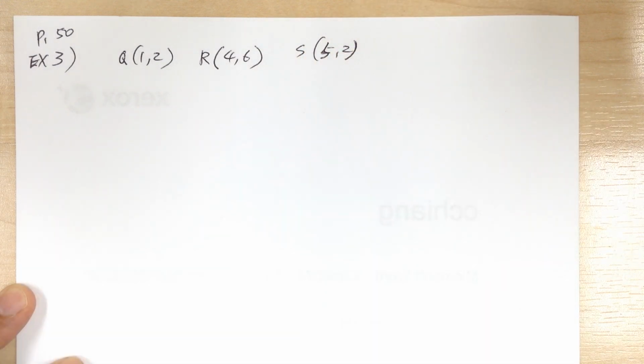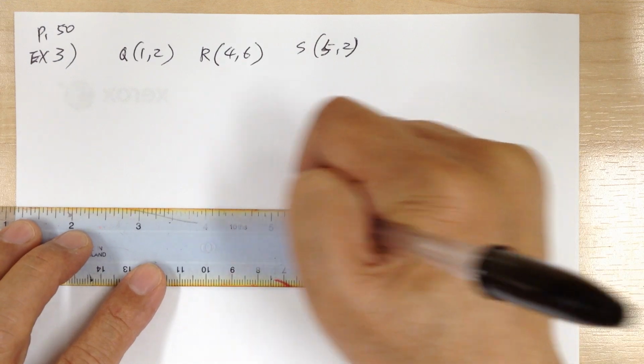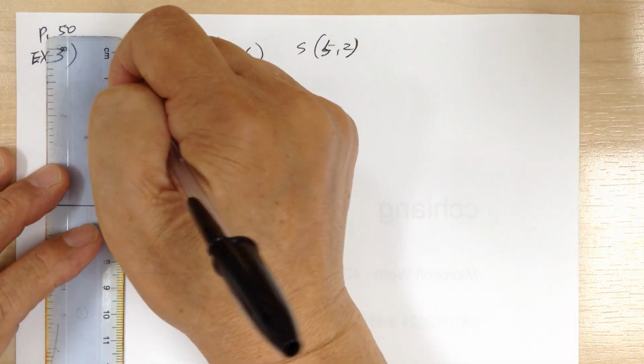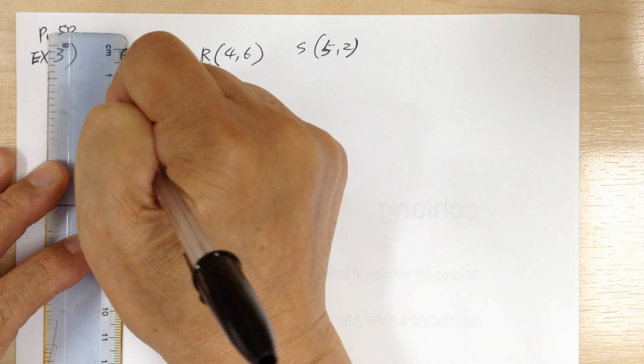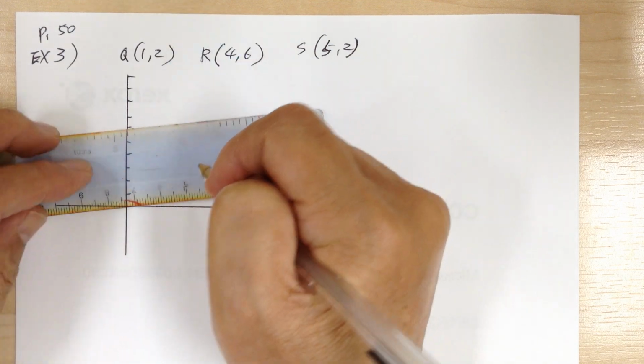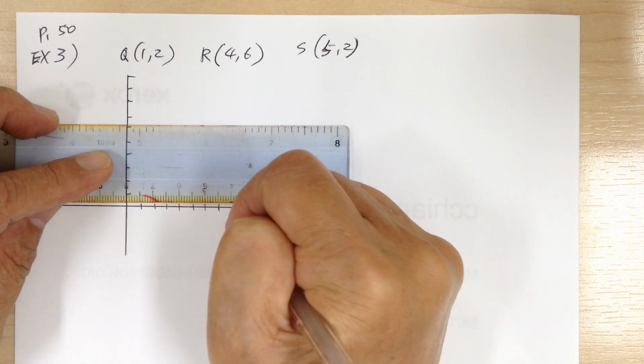It says, what would be the approximate perimeter of the triangle? So if we were to graph it out, it helps you to visualize things. Now, if you use graph paper, it will save you lots of time.